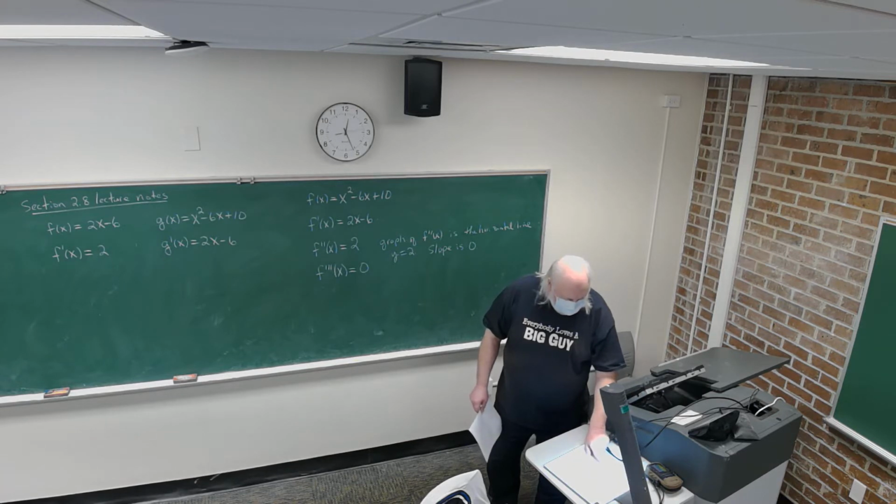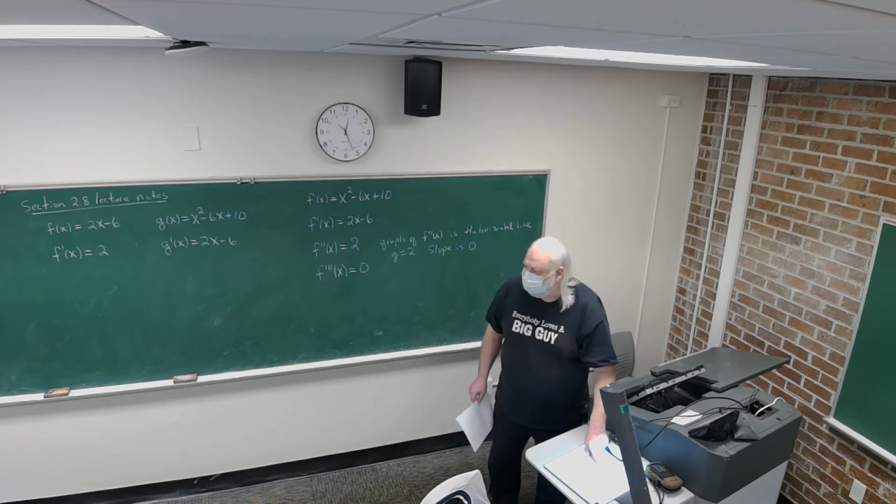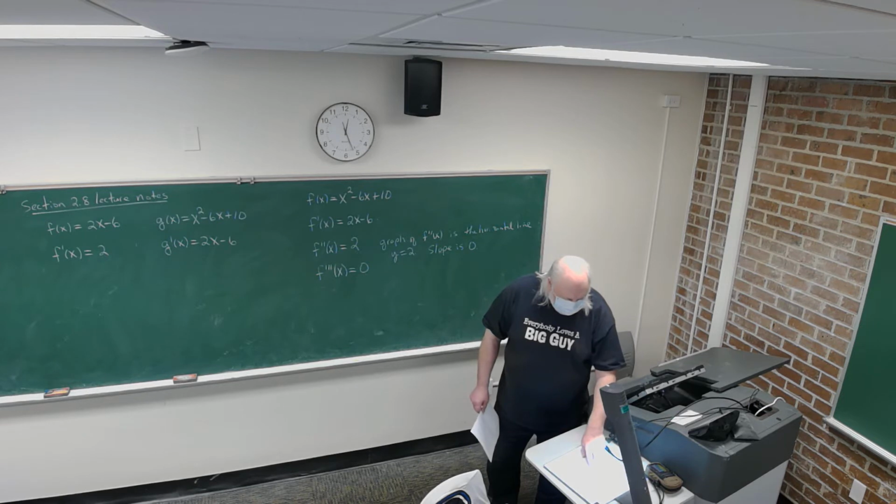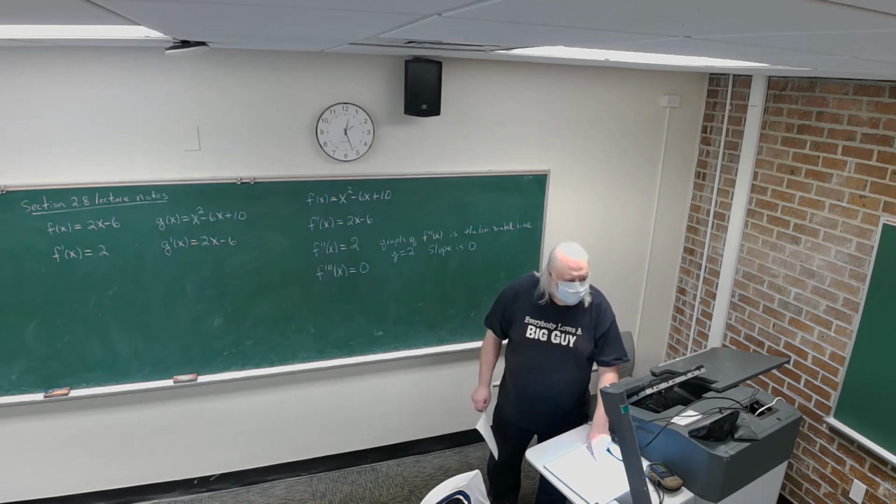We often use v of t to represent the velocity, and that is equal to the first derivative, h prime of t. Acceleration is how fast the speed of the ball is changing. We represent that as a function of time, and acceleration is the derivative of the velocity, v prime of t.